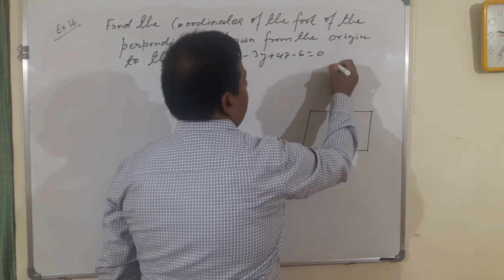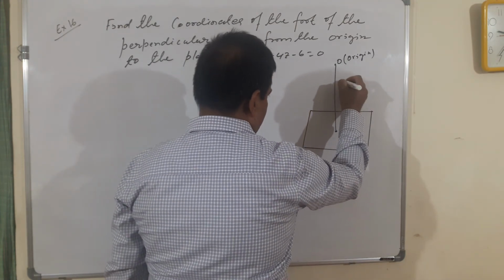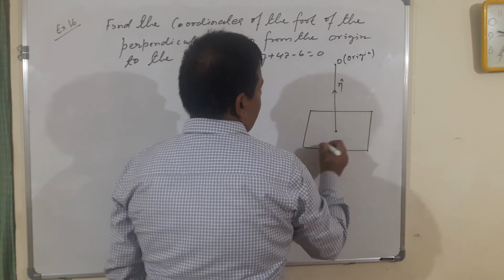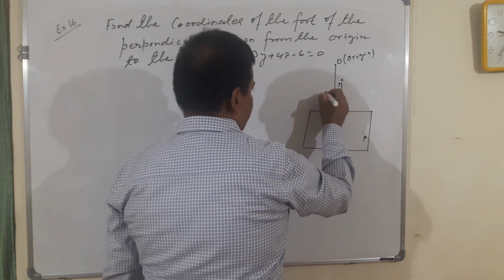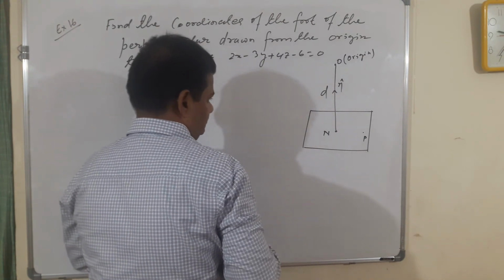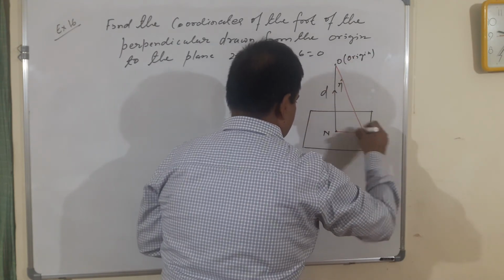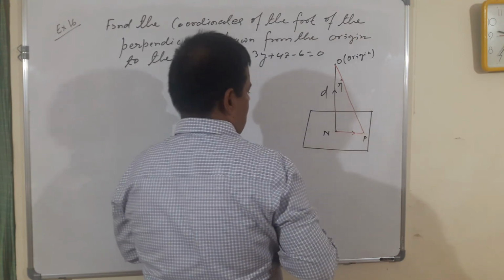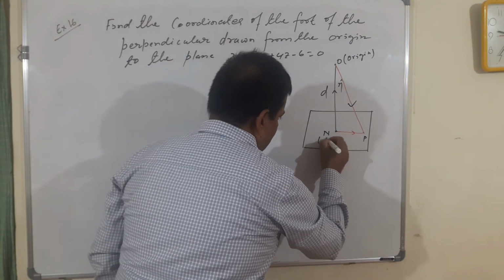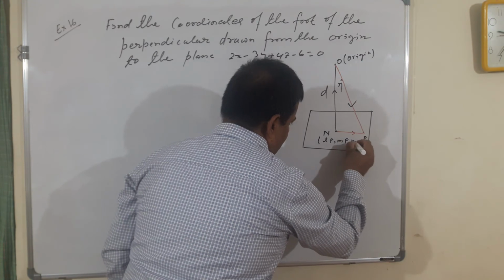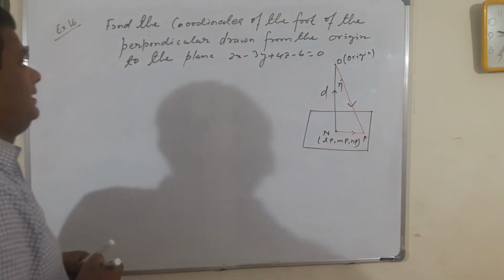Here is the origin O, and this is the unit vector N, with the point P and the distance D. You know that the foot of the perpendicular is LP, MP and NP.